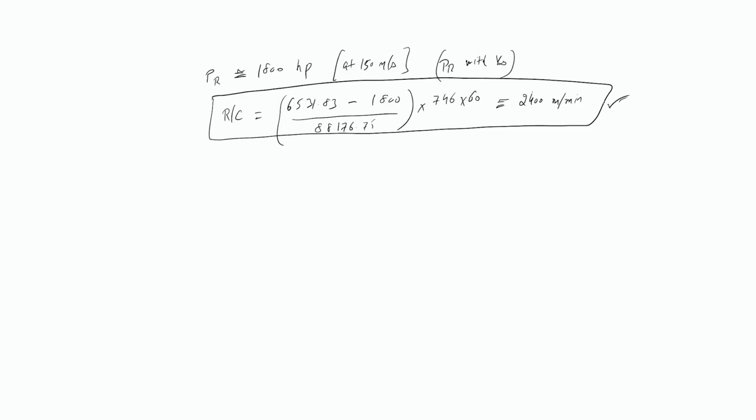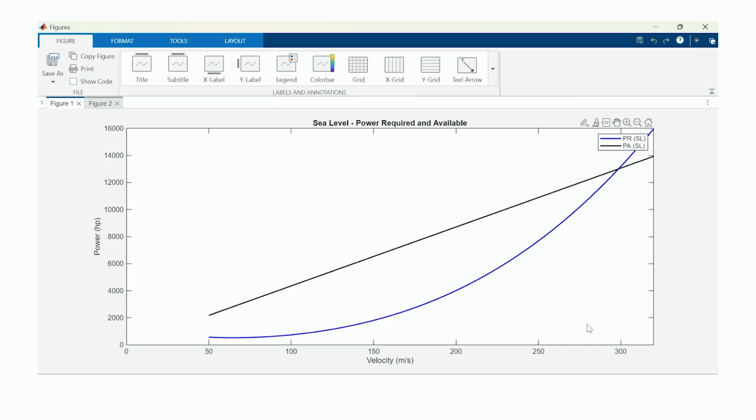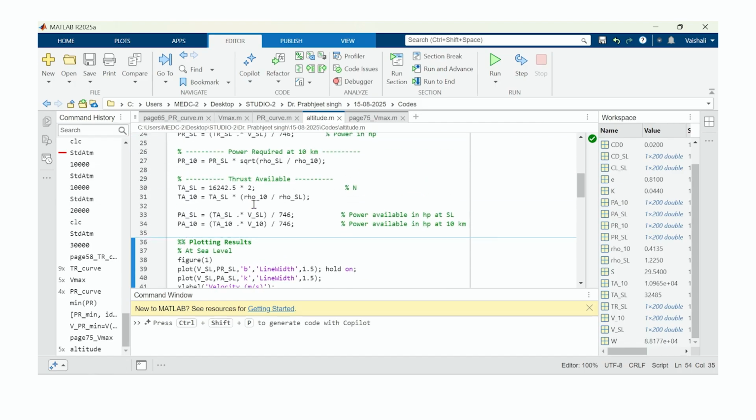Now let us go to the plot again. What we need to do here is modify this code and add a few more lines related to rate of climb. We did here till power available at sea level as well as 10 kilometers.